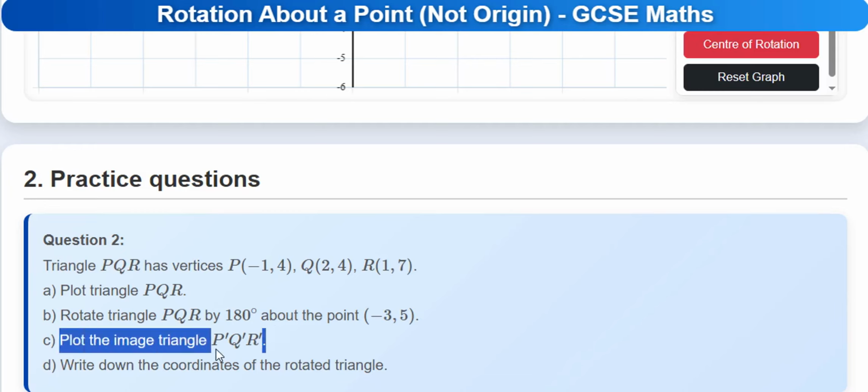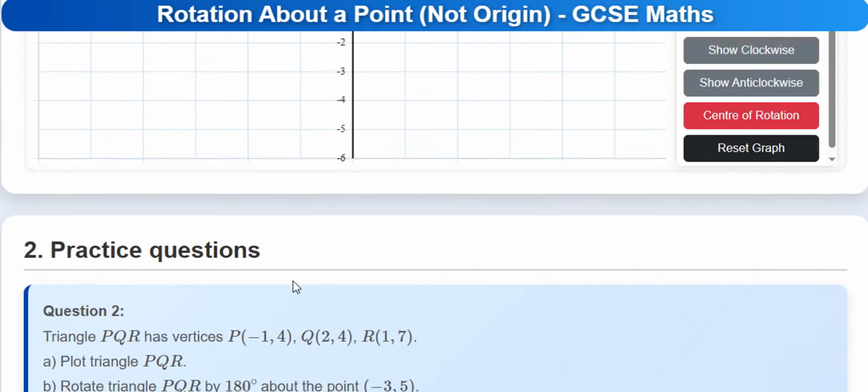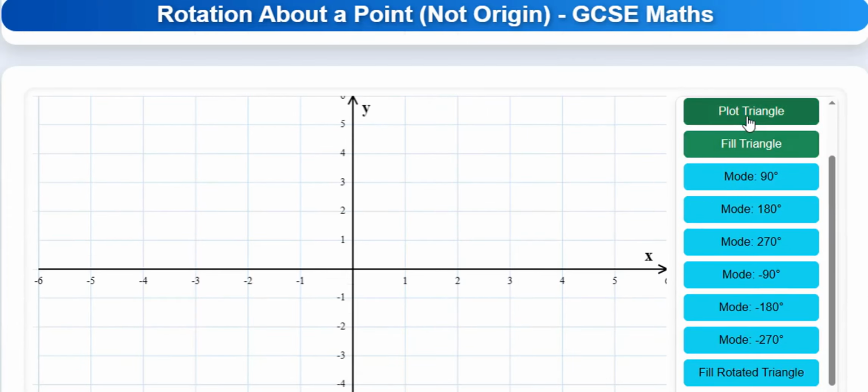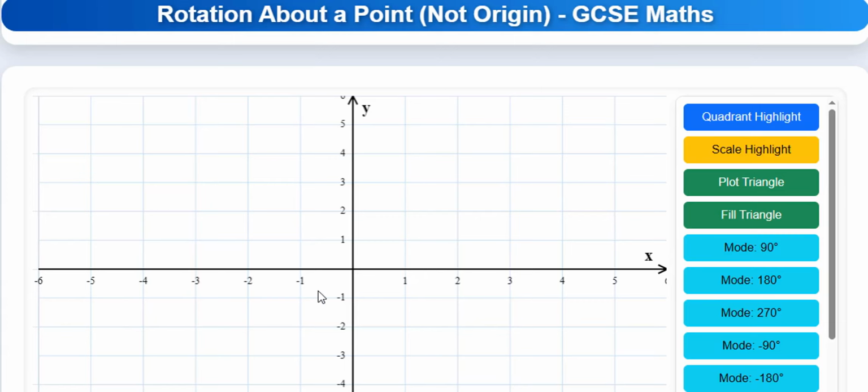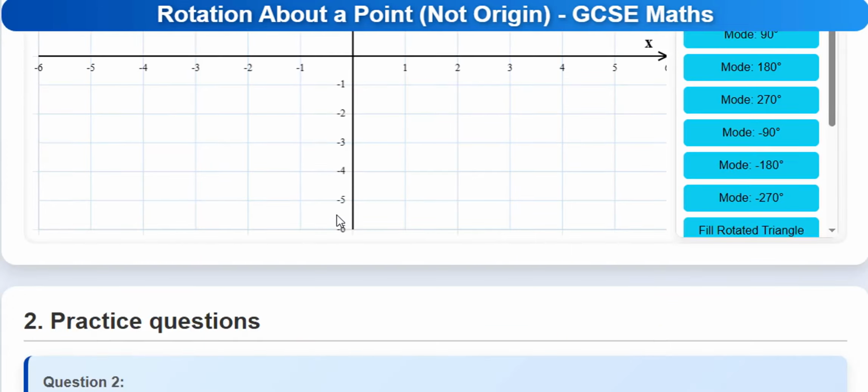So we are remaining with plotting the translated triangle and then also the original triangle. So we can start actually by plotting this original triangle, which is negative 1, 4. So we can plot it. Yeah, it is negative 1, 4 somewhere there.